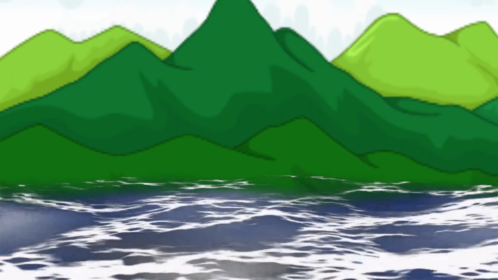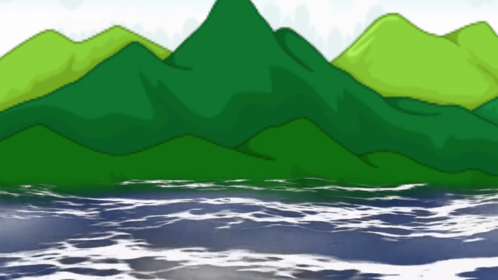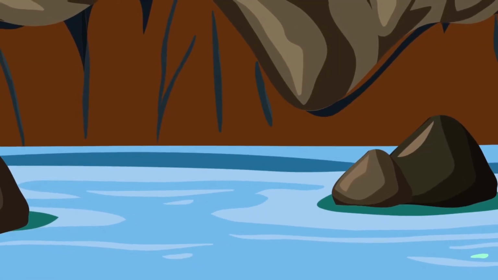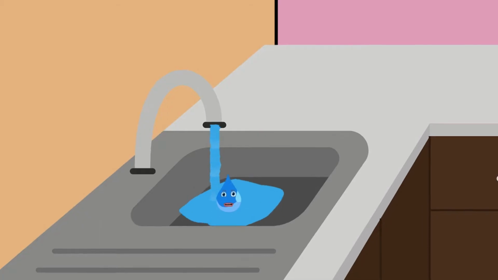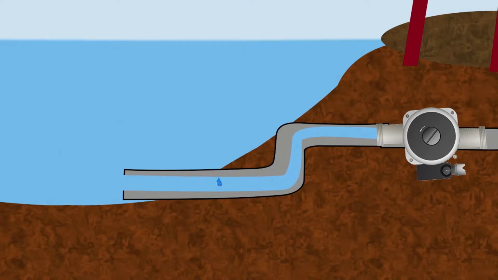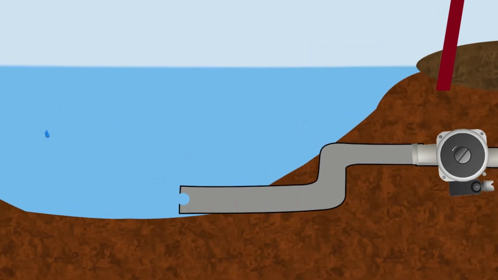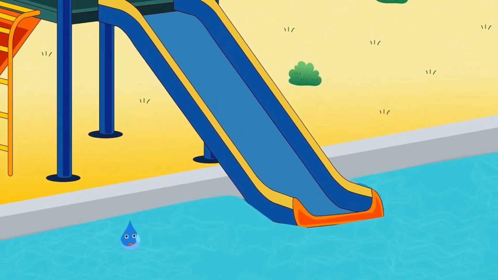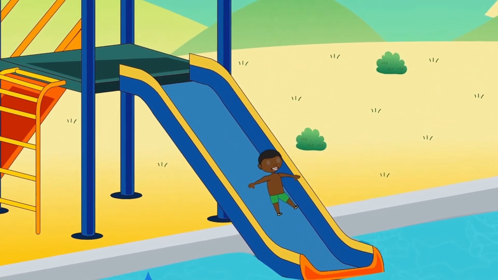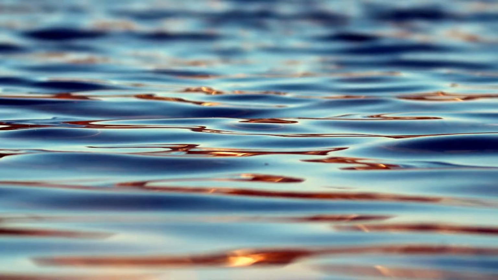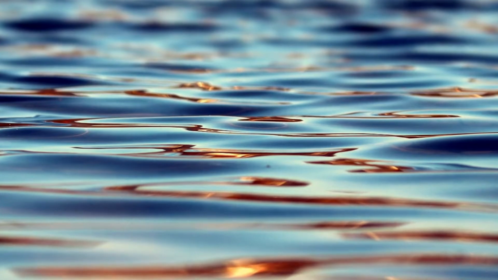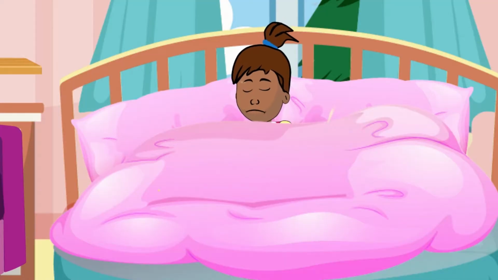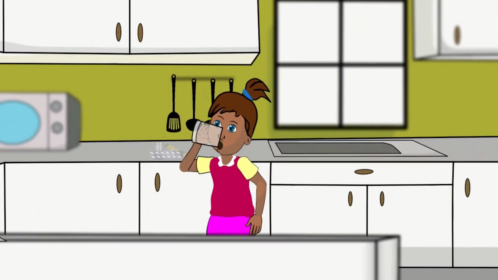Water is almost everywhere. There's water on the ground, in the clouds, in rocks, at our homes, and even in drainages. But not all water is good for drinking, cooking, or bathing. This is because some water contains things that can make us sick when we use them.